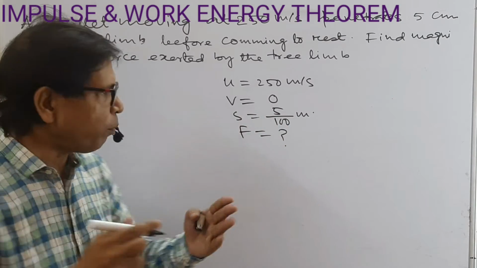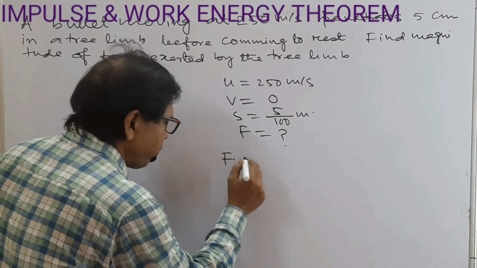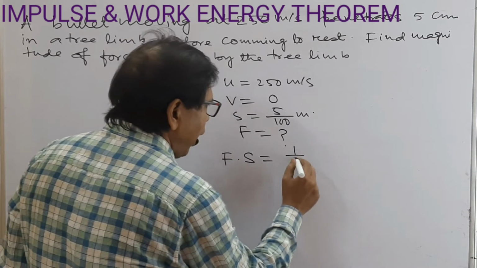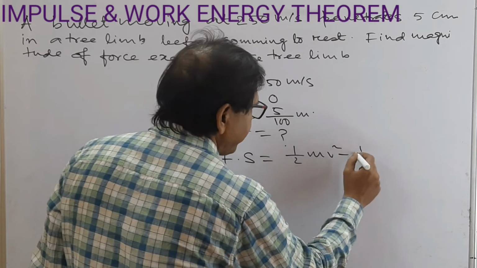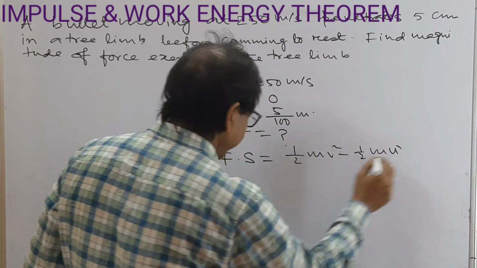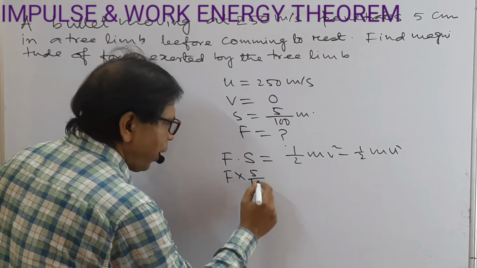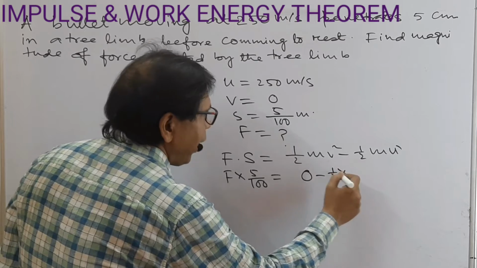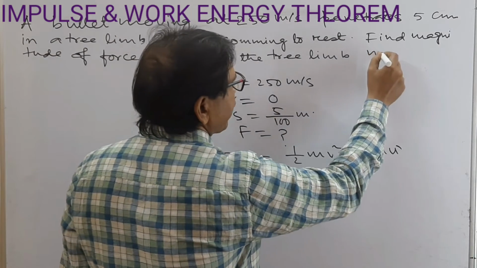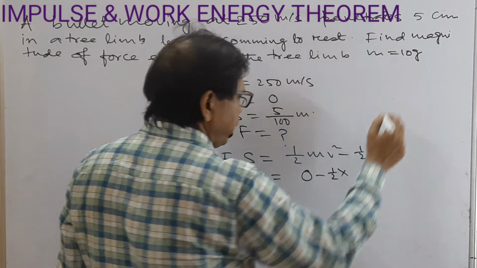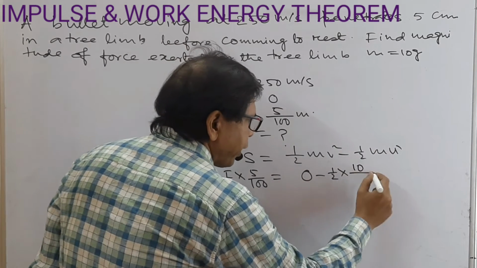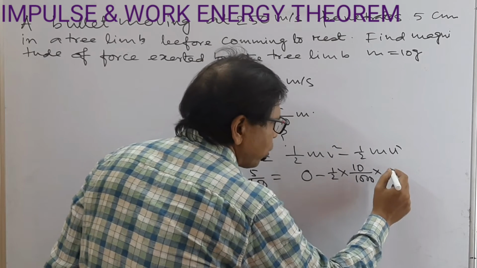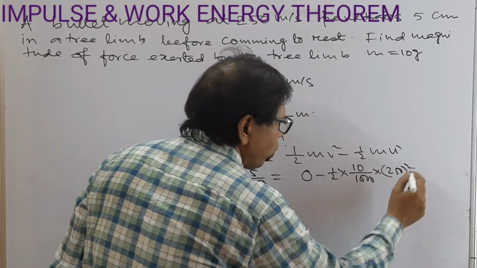If we apply the work energy theorem, Fs is equal to half mv square minus half mu square. Here F into 5 by 100 is equal to 0 minus half, and the mass of the bullet m is 10 gram, so half into 10 by 1000 kg, and u equal to 250 meter per second whole square.